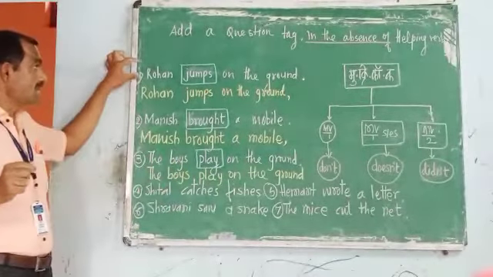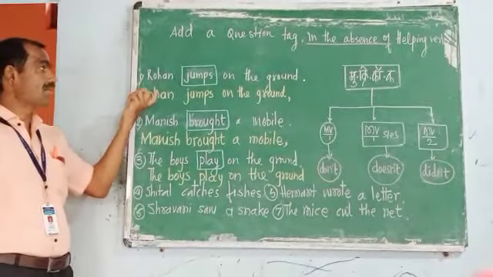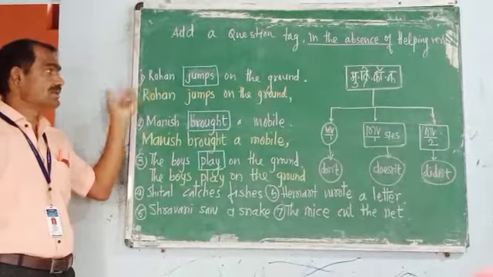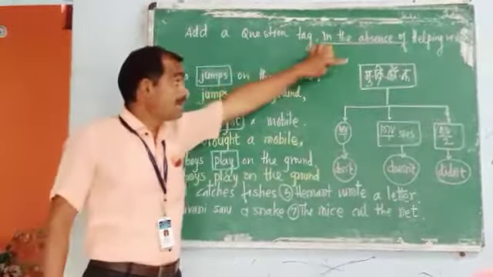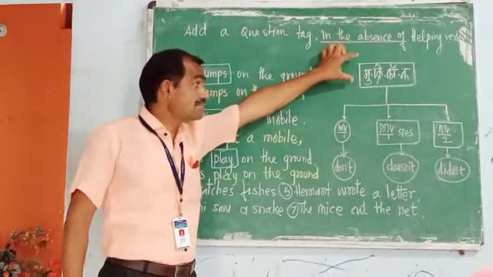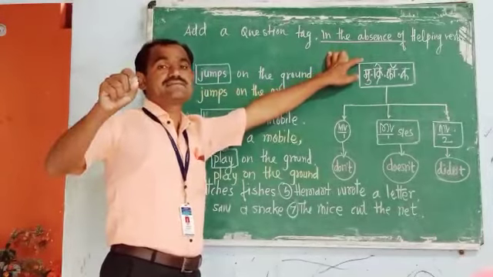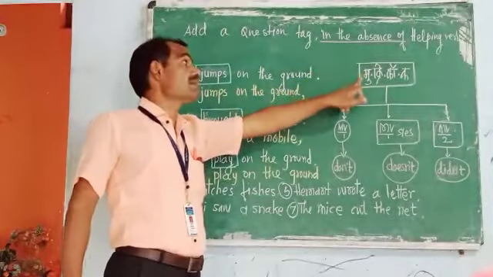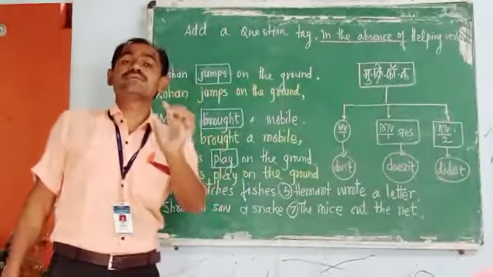If you check and observe that there is no presence of auxiliary verb in the sentence, remember, whenever there is absence of auxiliary verb in the sentence, in that situation we have to contact the main verb in the sentence.